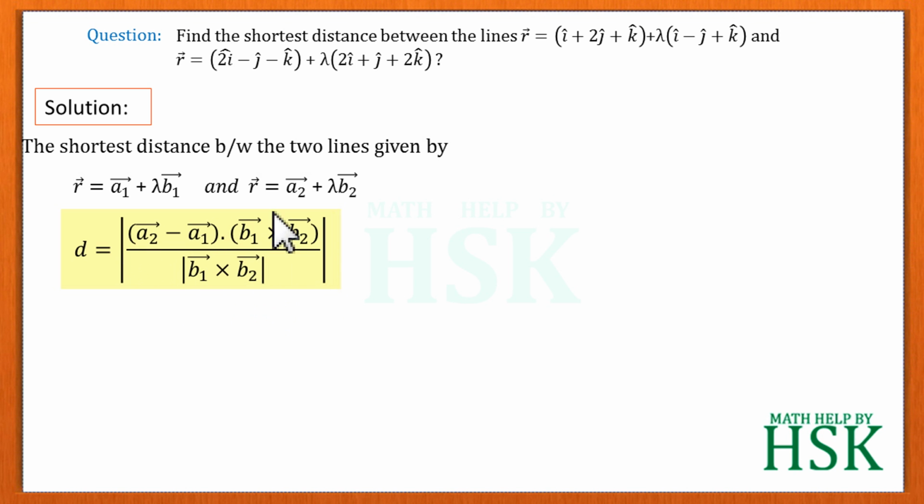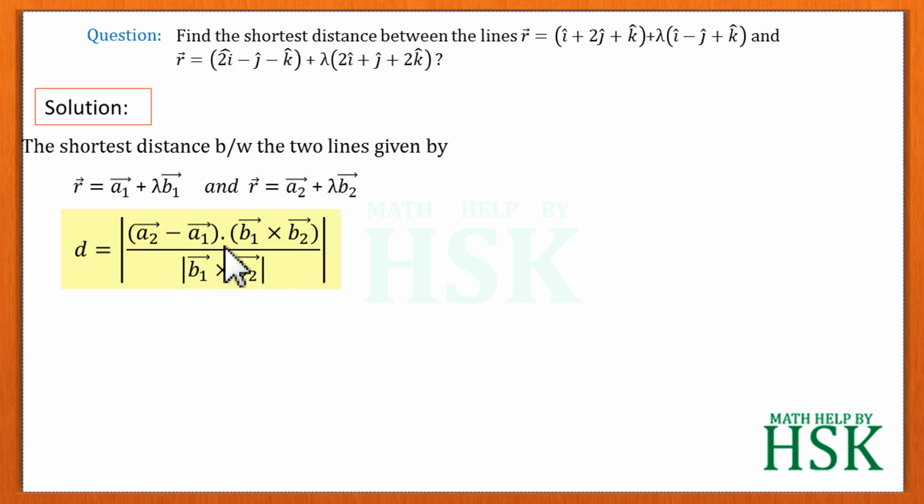If you do not know this formula, then you may not be able to calculate the shortest distance between the lines. So it is very crucial that you know this formula. Now let us see how we are going to apply this formula and solve it.